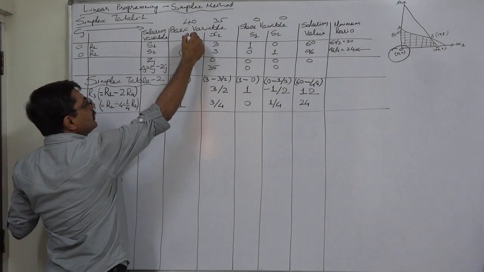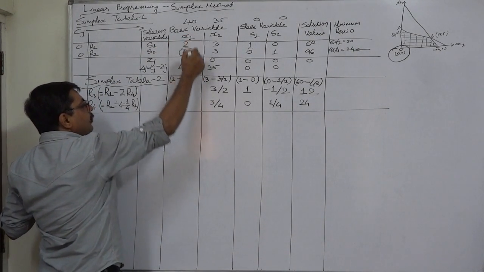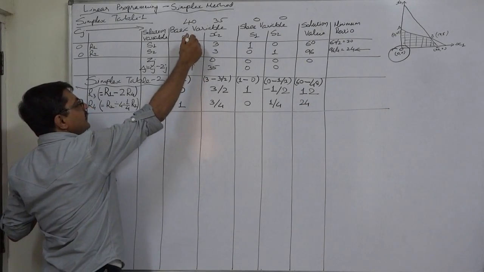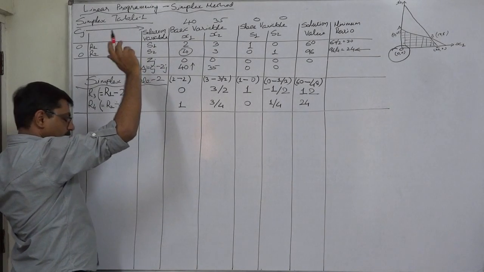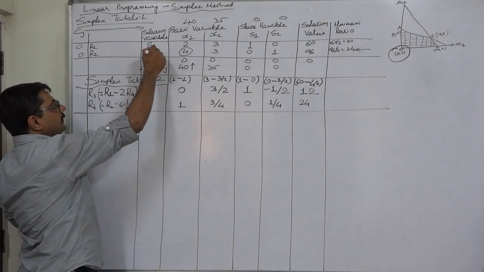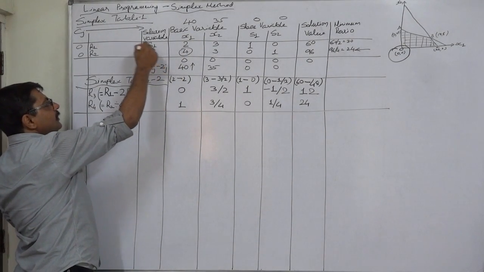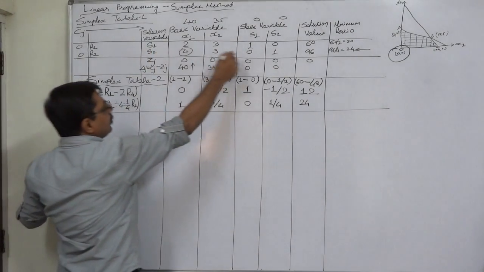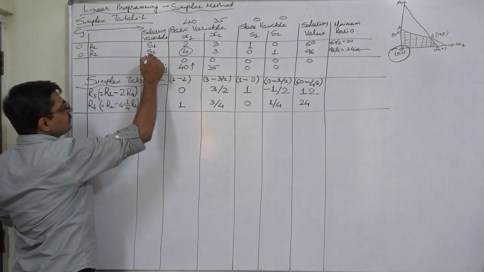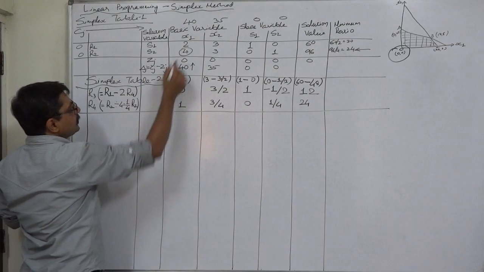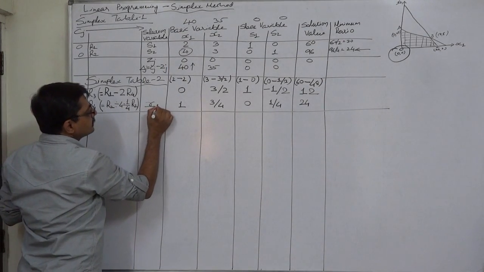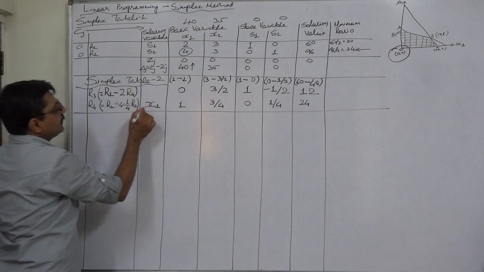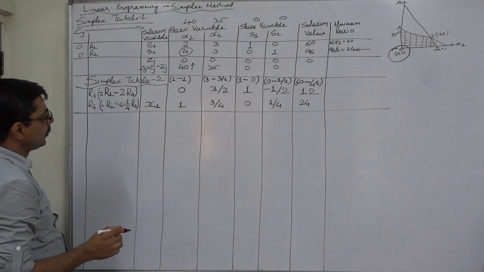Select the variable of the key column in the previous table and place it against the variable of the key row. The variable of the key row is S2, that will be substituted by the variable of the key column. So X1 is here in the place of S2.